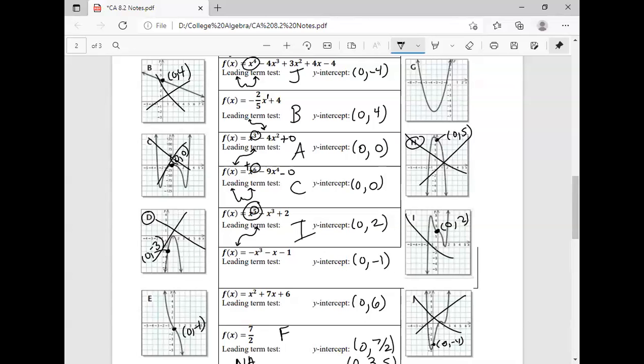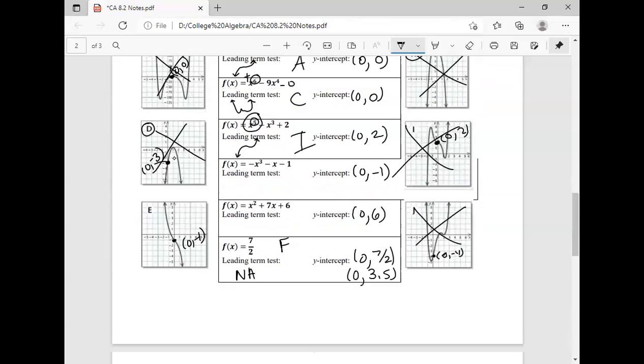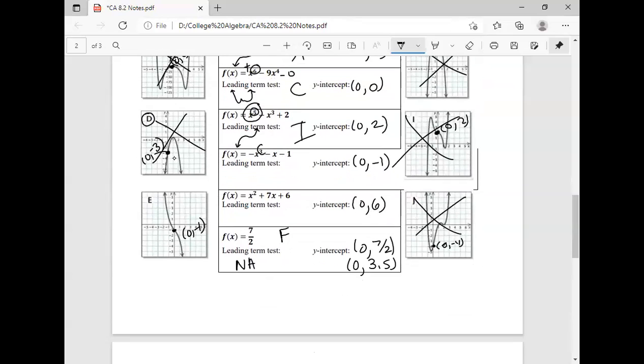I. Okay, this one is odd, so the endpoints are going to be different directions, but it's negative. So instead of going up, it's going to be going down. My y-intercept is 0, -1. E.